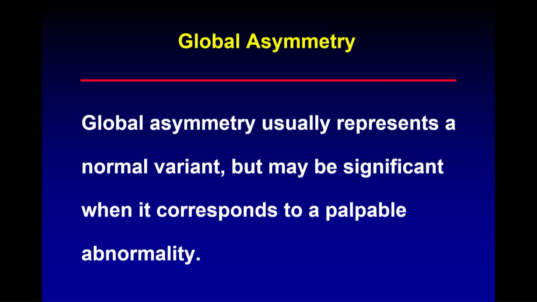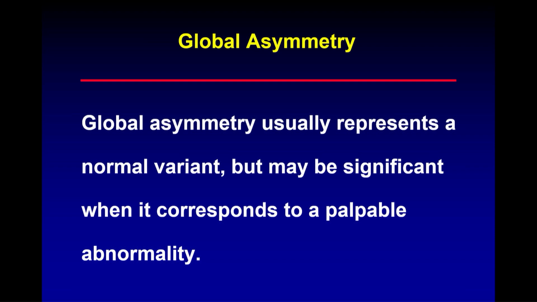So pretty much at screening, global asymmetry is benign. If you see global asymmetry and you don't trust that the patient is really without a palpable correlate, you can ask the referring clinician, as we do routinely when we see global asymmetry, to do a careful clinical breast examination on the side which has the global asymmetry to make sure there's nothing palpable.